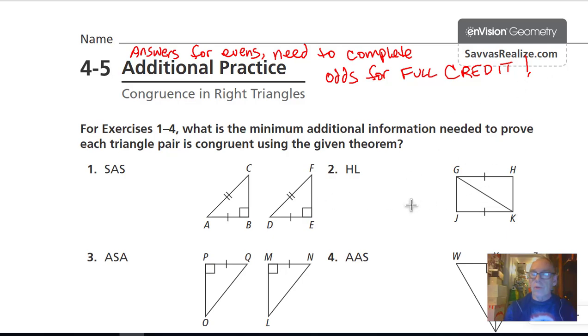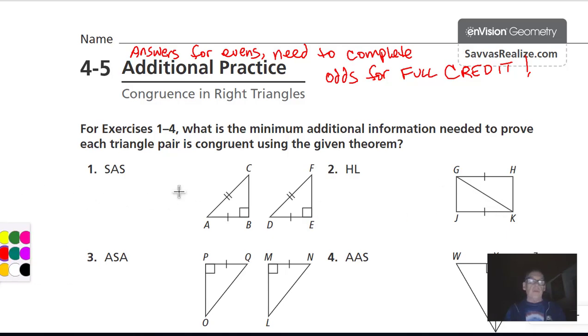Looking at number 2, they want us to use HL to prove that these two triangles are congruent. Now HL only works with right triangles. So what's missing is that angle H and angle J need to be right angles. So we could say angle H and angle J are right.